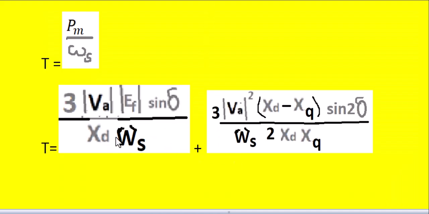So from this equation we can observe that there are two torques available. One is due to the reluctance, the other is due to its cylindrical shape rotor. So the net torque of a salient pole synchronous motor is more than the net torque of a wound rotor synchronous motor.